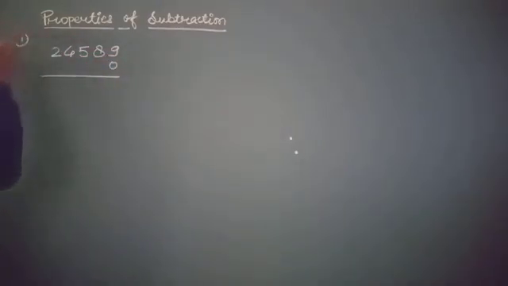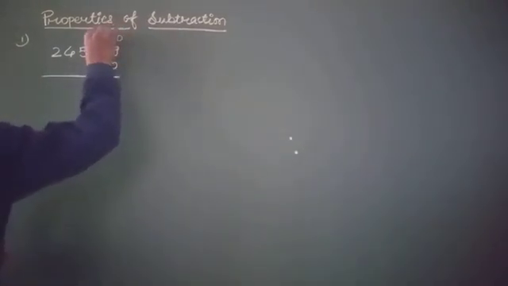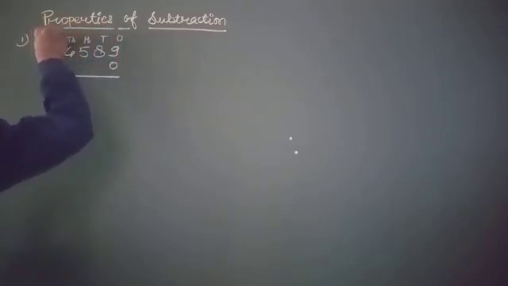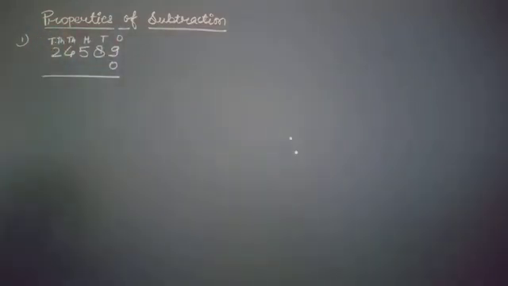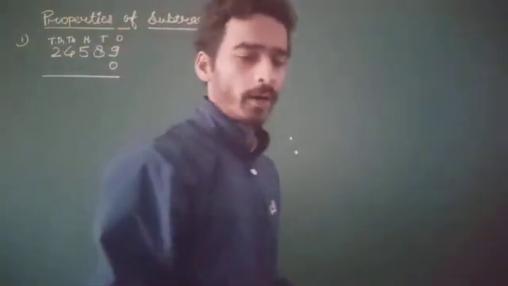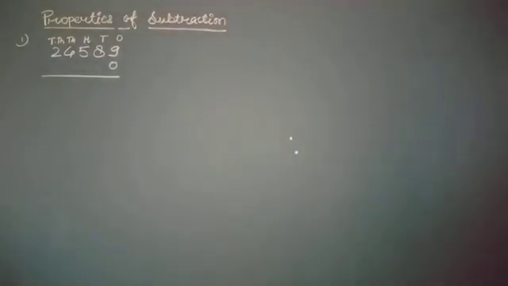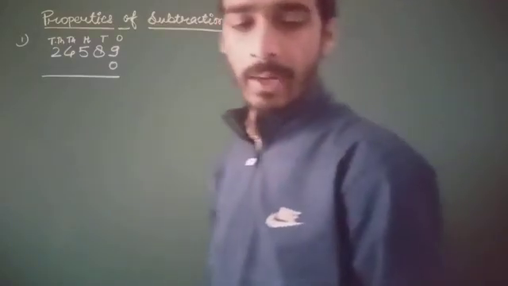In the first property, you know the places are ones, tens, hundreds, thousands and ten thousands. When 0 is subtracted from a number, the difference is the number itself.